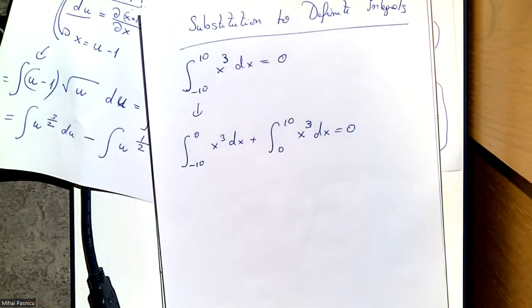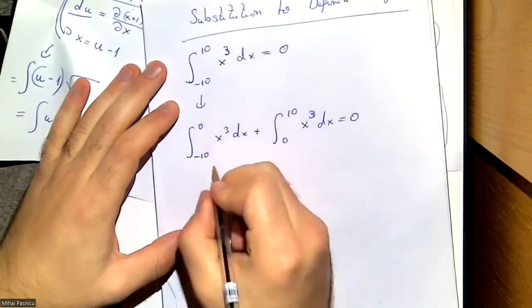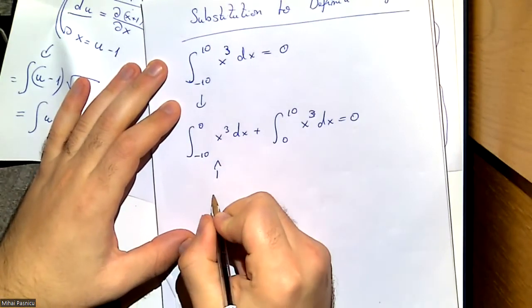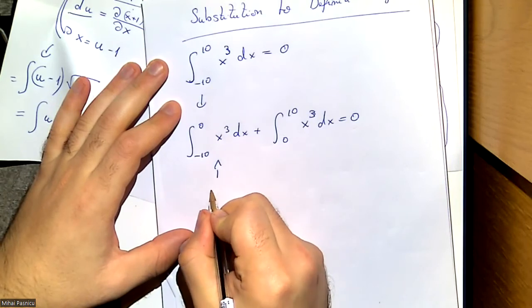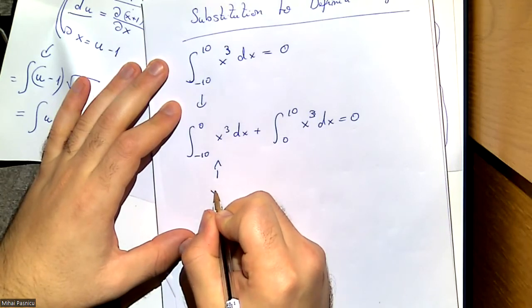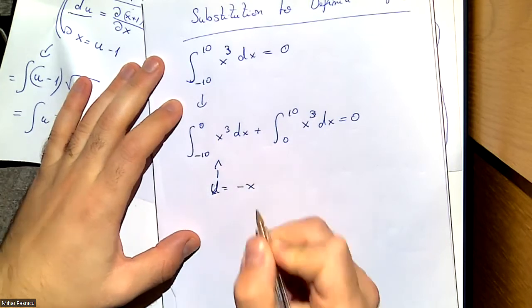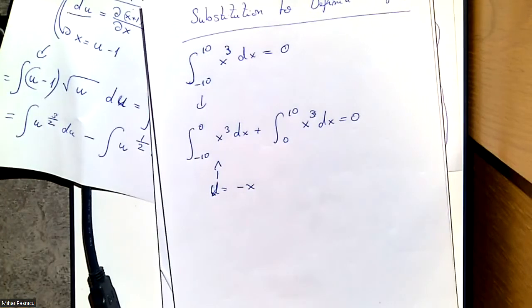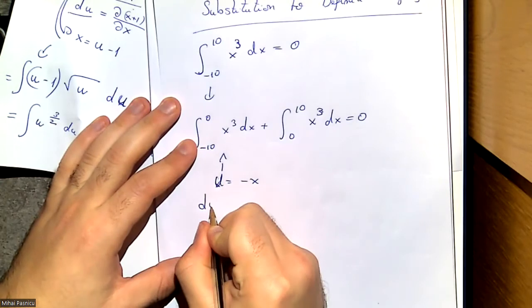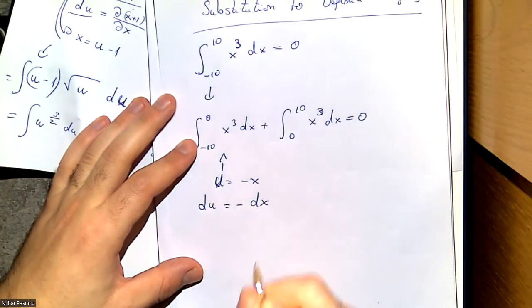Now, let's apply a substitution to this. I'm going to apply u is equal to -x. So now du is equal to -dx.